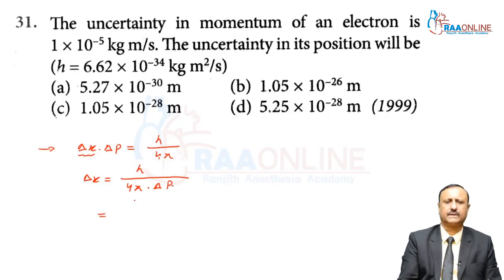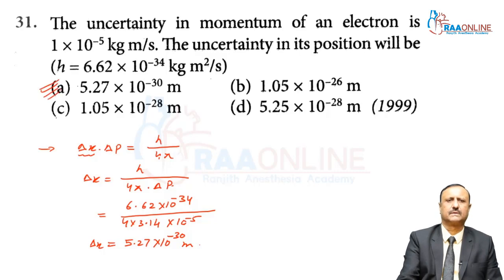Now my dear students, here h is 6.62 into 10 to the power minus 34 upon 4 into 3.14, the value of pi, multiplied by the momentum, that is 1 into 10 to the minus 5 given in the numerical. So my dear students, you can get the delta x value. Delta x is 5.27 into 10 to the power minus 30 meter. So my dear students, question is 31, answer is A.